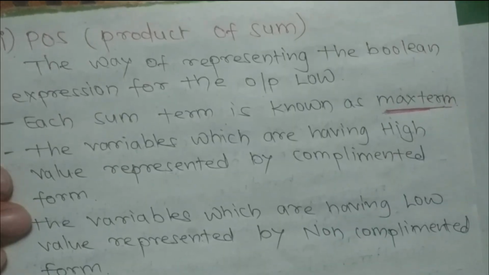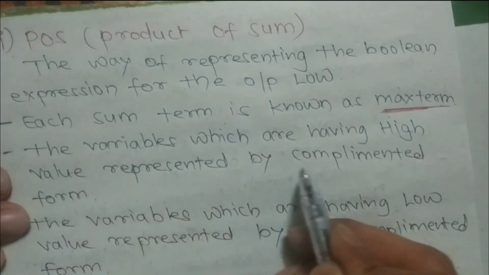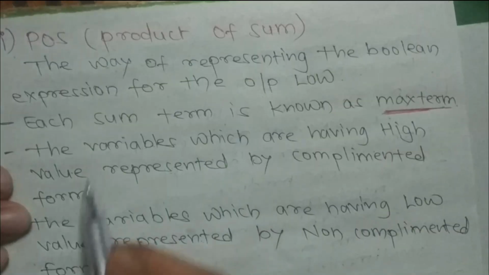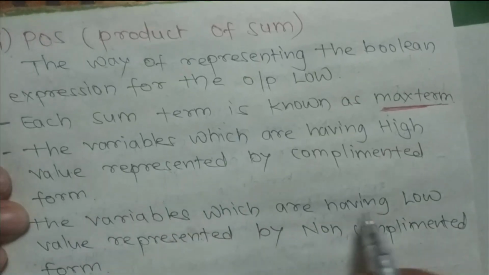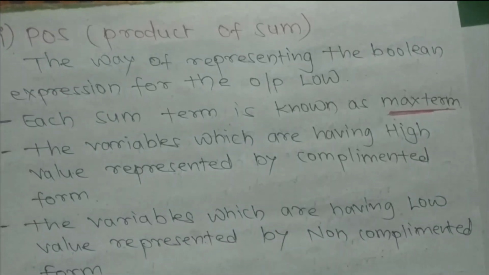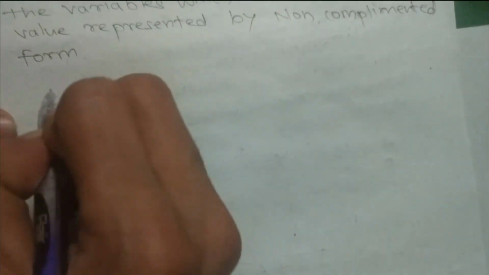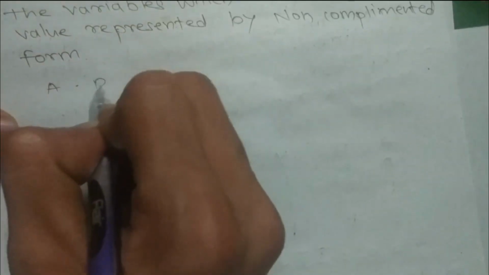Next, the variables which have high value are represented in complemented form, and the variables which have low value are represented in non-complemented form. Here we are going to see one example for these two points. Let's take the same variables a, b and y. Y is the output.